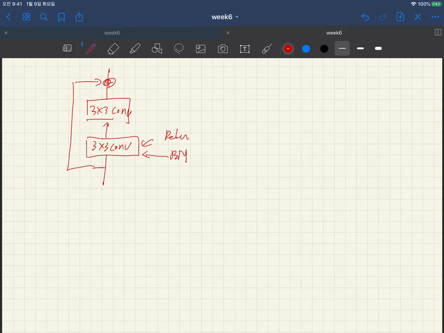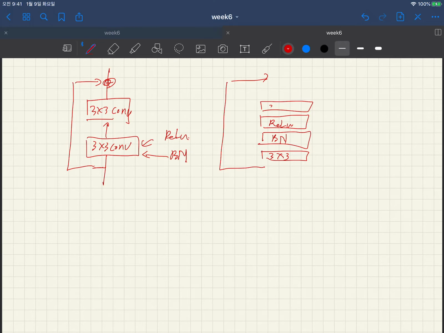But the location of the batch normalization and ReLU activation unit is not fixed. You can design the residual block in this way: 3x3, batch normalization, ReLU, 3x3, batch normalization, ReLU.